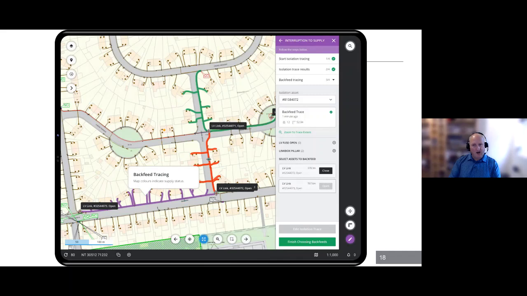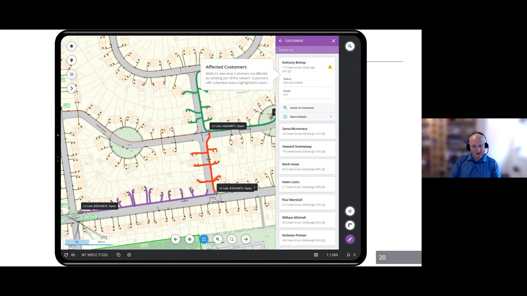We can then, next slide, see the summary of the results. And these are the affected customers now that are affected by this. So these are the red highlighted circuit, and we have one sensitive customer that is still affected, and you would need to put in some alternative means of dealing with that customer.